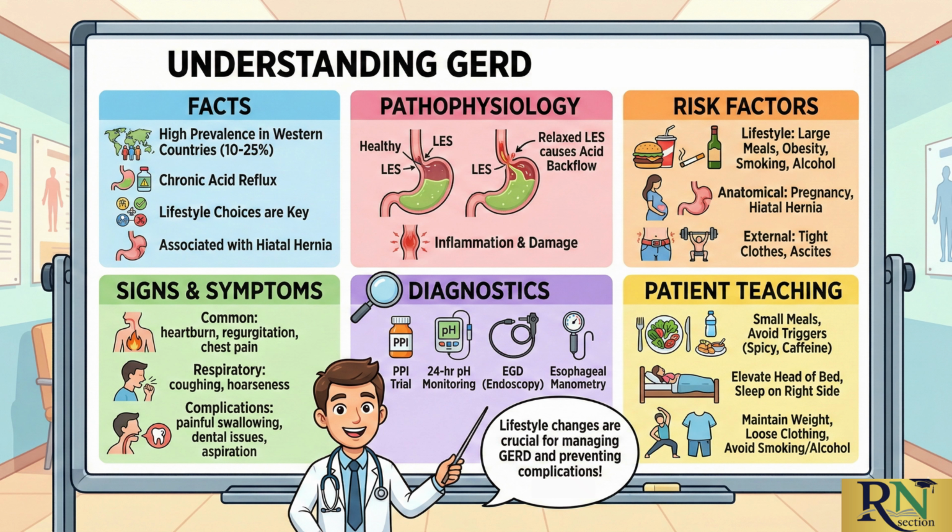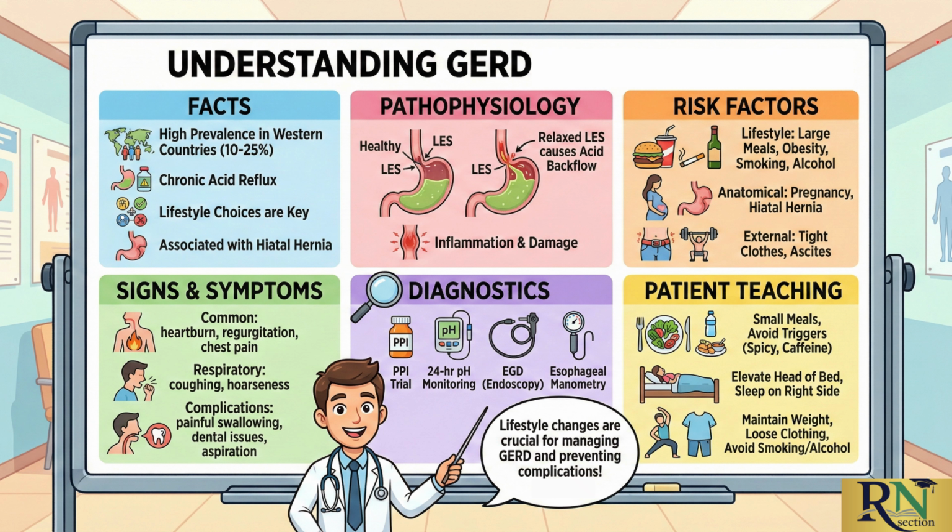So we have here the prevalence: it is highly prevalent in Western countries. We said GERD is a chronic disorder where the acid reflux of the stomach flows back into the esophagus, causing clinical manifestations with or without tissue damage.